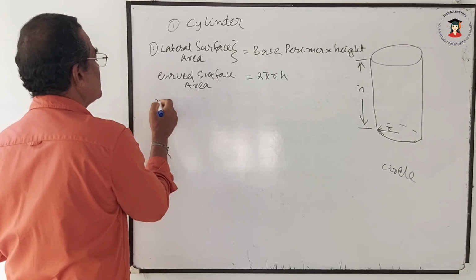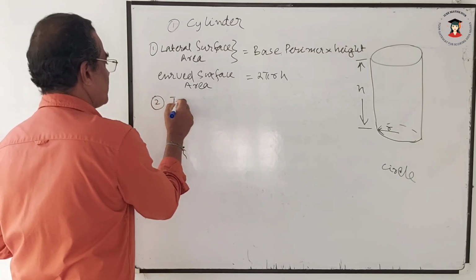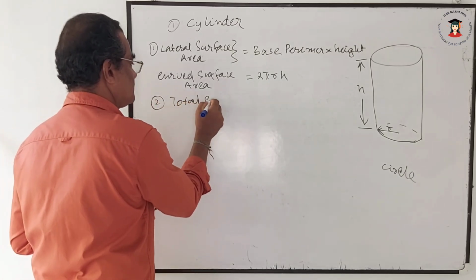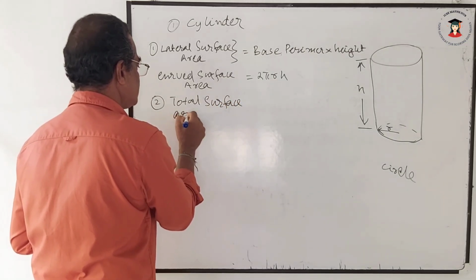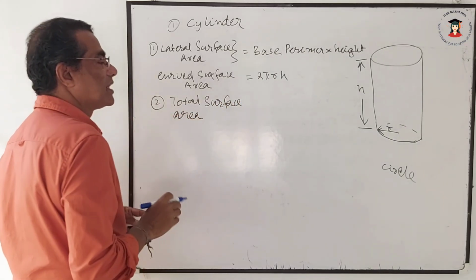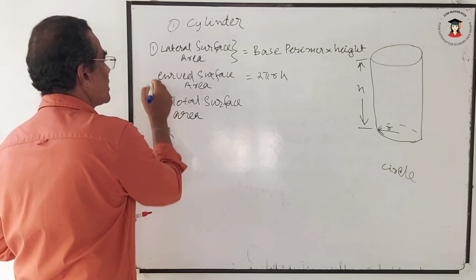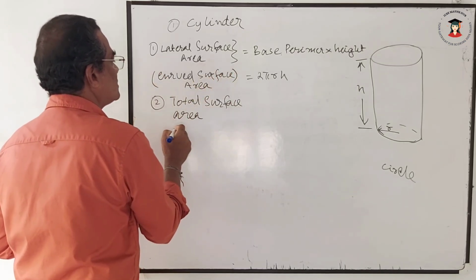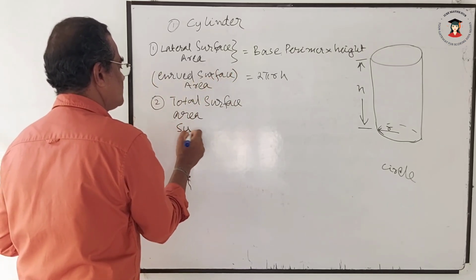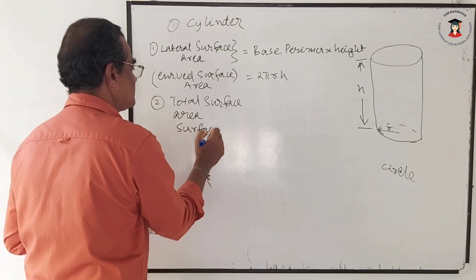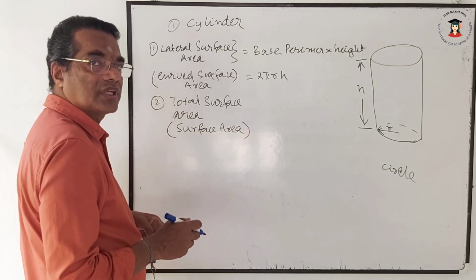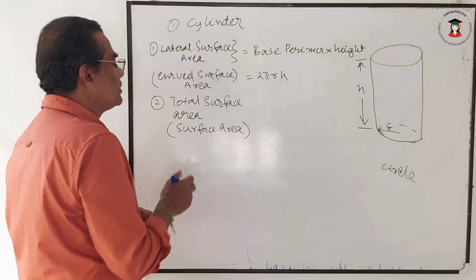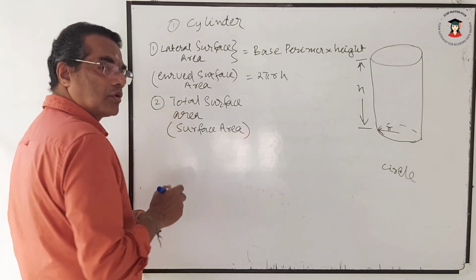Now the second is total surface area. Sometimes this total surface area is also called by the name surface area. If you are asked to find out surface area, then you need to calculate the total surface area.